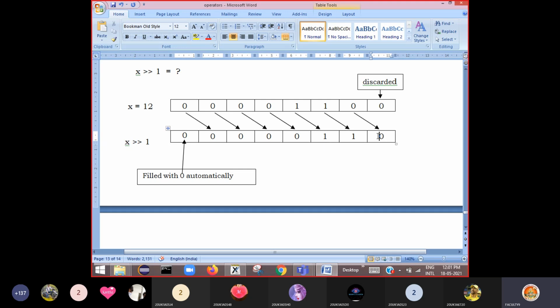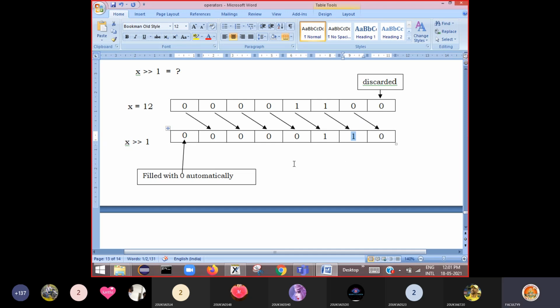What happened? We'll see. This is 2 power 0, this is 2 power 1, this is 2 power 2. So 2 power 2 is 4. 4 plus 2 is 6.